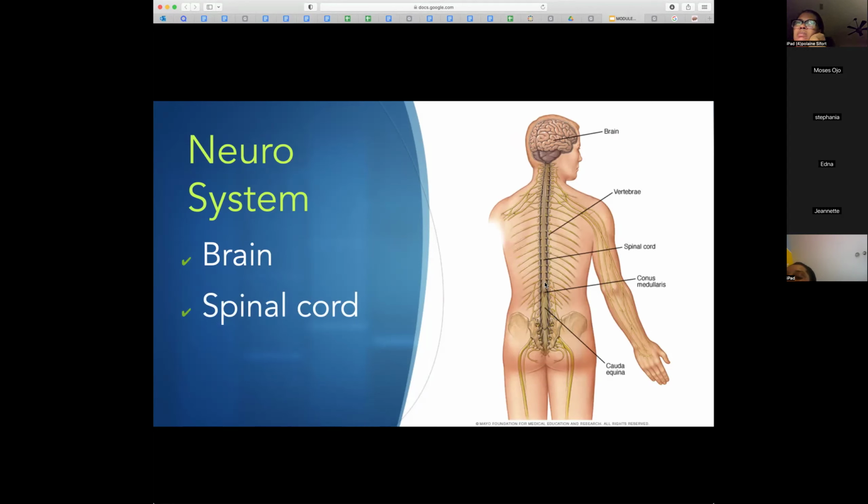The brain and spinal cord make up the central nervous system.